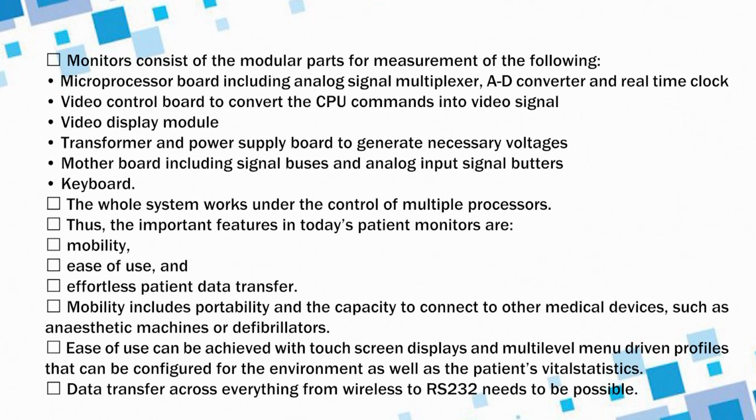Monitors consist of the following modular parts: microprocessor board including analog signal multiplexer, A to D converter and real time clock, video control board to convert the CPU commands into video signal, video display module, transformer and power supply board to generate necessary voltages, motherboard including signal buses and analog input signal buttons, keyboard.